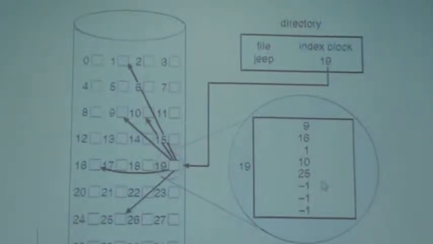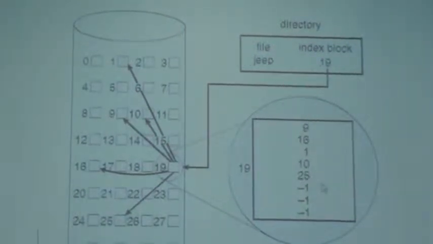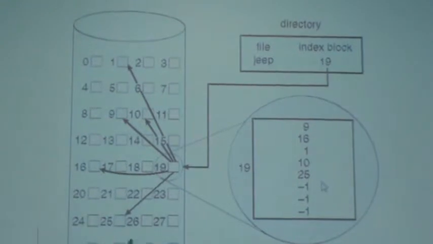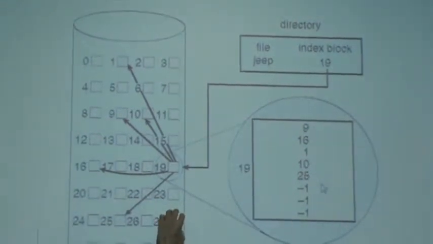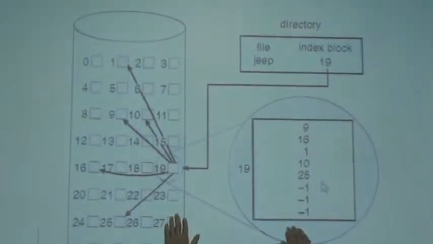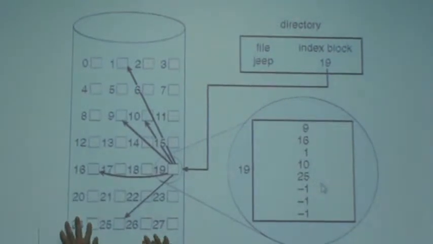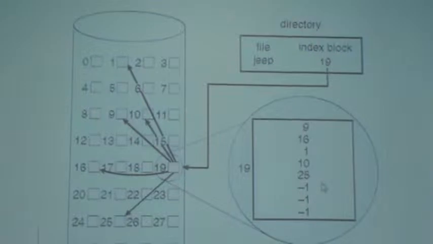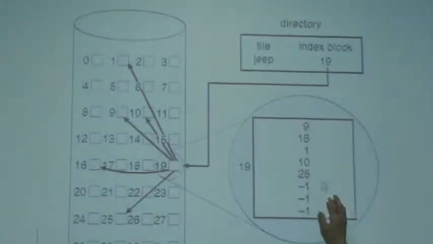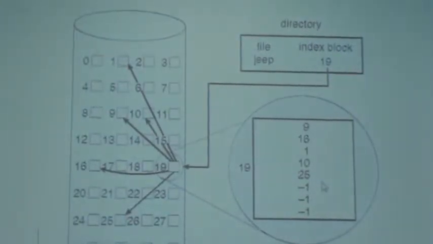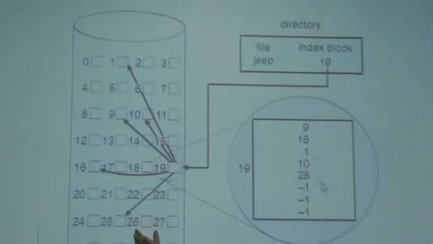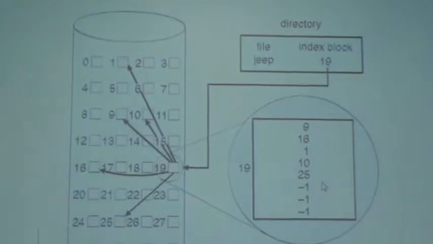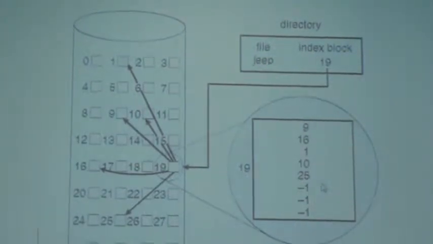Okay, so for example, your file needs 3 blocks, like this one, this one, this one, and first you need to find the available block to keep the addresses of these 3 blocks and store them here. Then when you read the data, first your directory structure should link to what? This index block only. Then first you need to visit the index block, then find the location of your data. Okay?